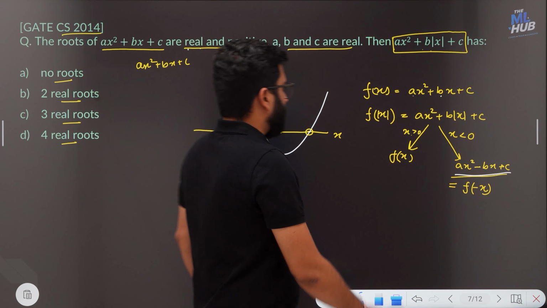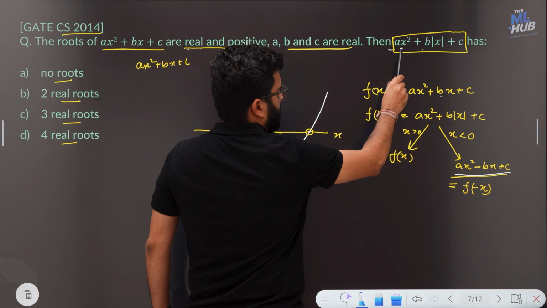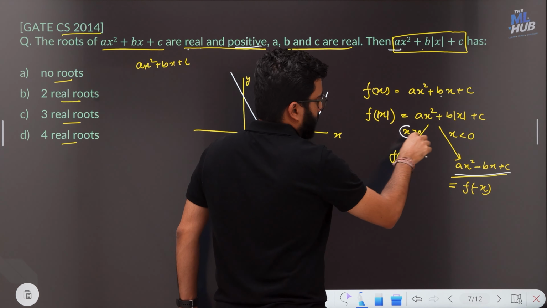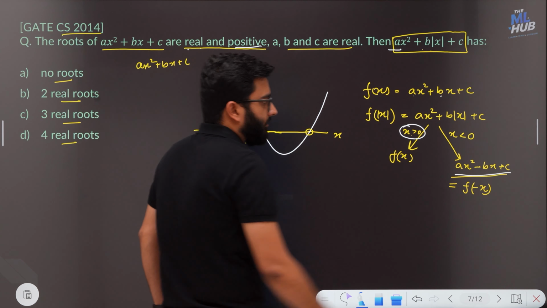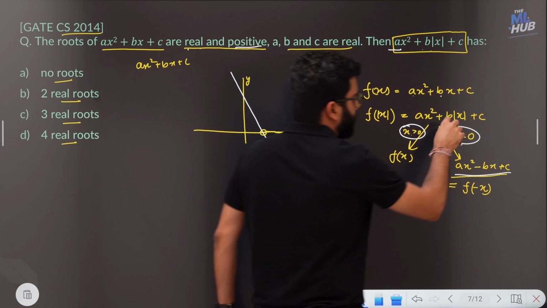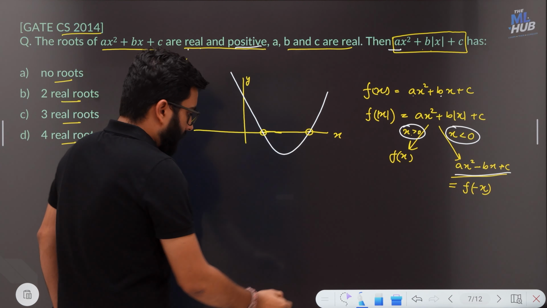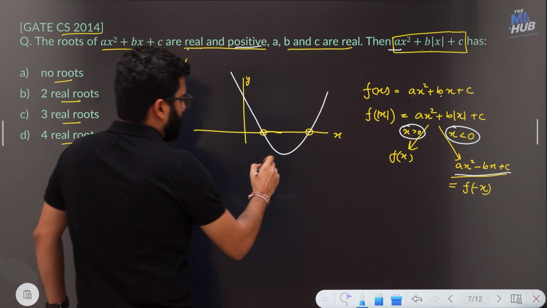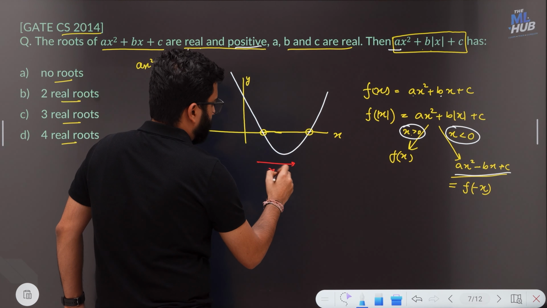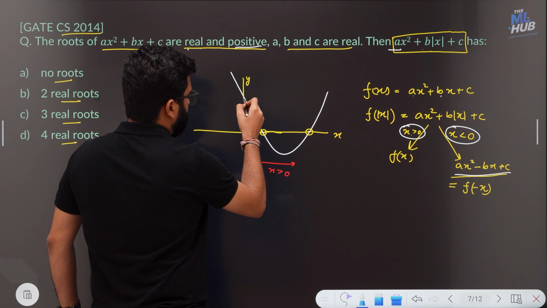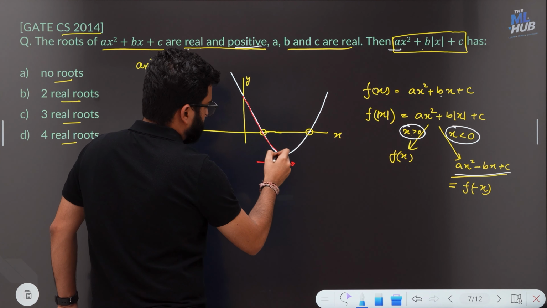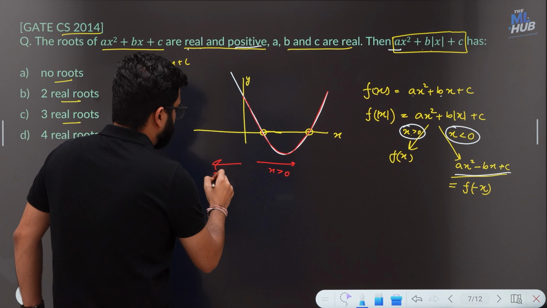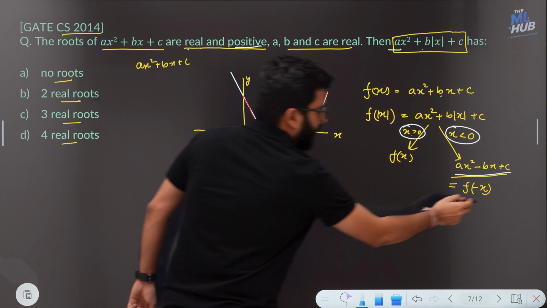Okay. So now the new graph of this equation will be split into two parts. First, the value of y for which x is greater than 0, and the value of y for which x is less than 0. So if I draw it with another color, say red, for this portion x greater than 0, this will be the graph. This is correct. But for x less than 0, it will be f of minus x.